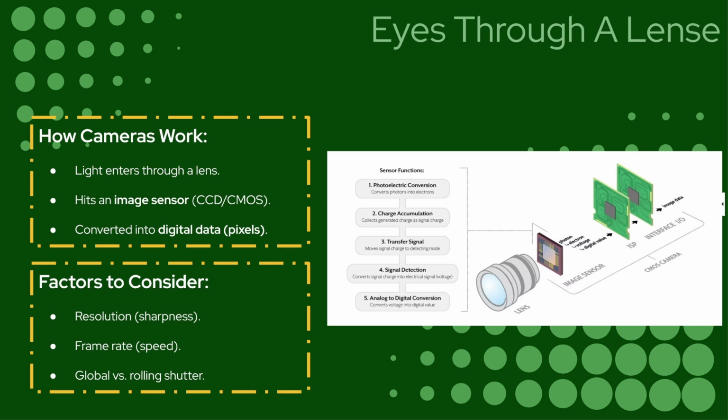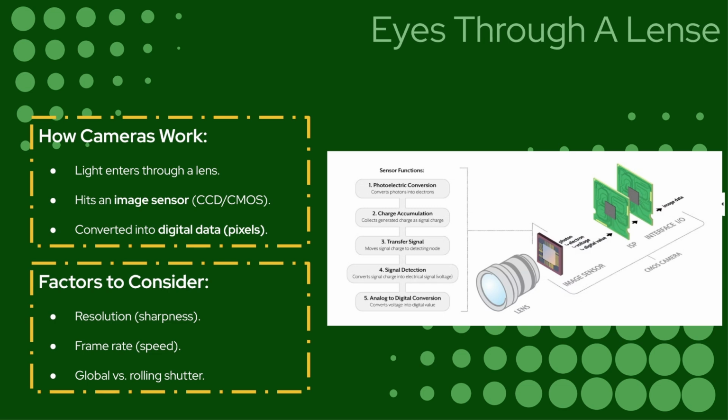Global shutter captures the entire frame at once, so there's zero room for motion blur. We use this for fast industrial processing, like on a conveyor belt line. And then we have rolling shutter, which captures line by line.